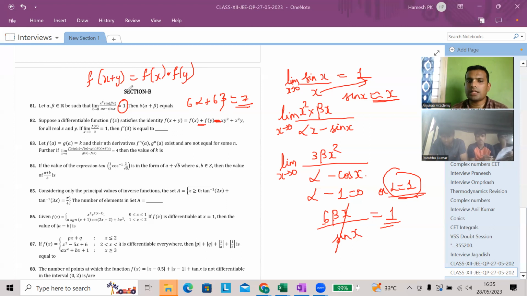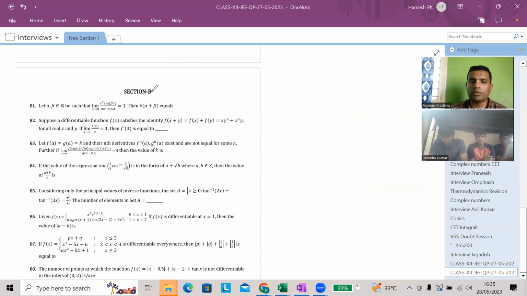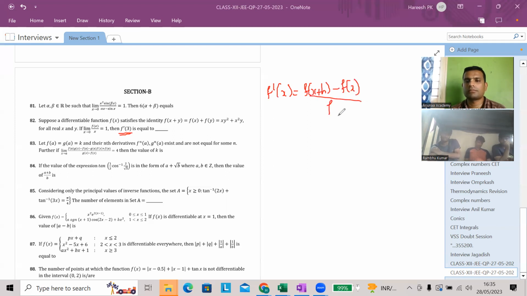So whenever these type of questions come, I told what you should do. You remember, Shravan? When they ask f dash x, start with first principles. What is f dash x? f of x plus h minus f of x by h.